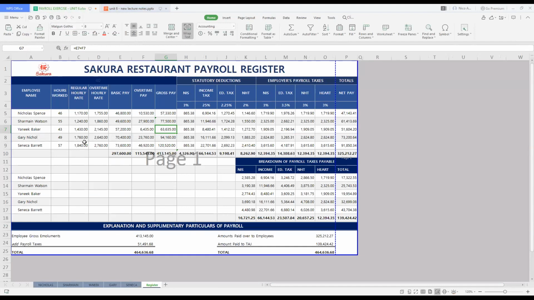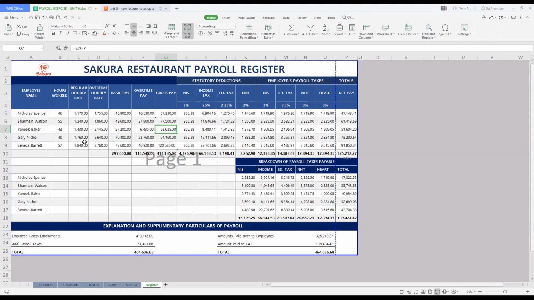Gary worked 49 hours. We're going to charge the first 40 hours at the standard rate. His hourly rate was $1,760. So that's 40 times 1,760, and that gives us a basic pay of $70,400. Then for the overtime rate, it's time and a half. So it's the basic rate of 1,760 times 1.5, which gives us $2,640.